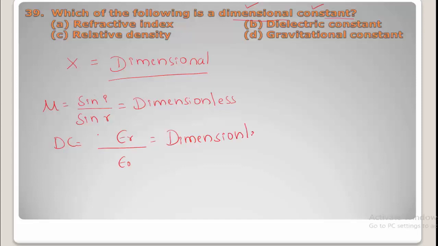So dielectric constant is also dimensionless. Next, relative density. So already we know that the relative density is the density of material compared with the density of water.